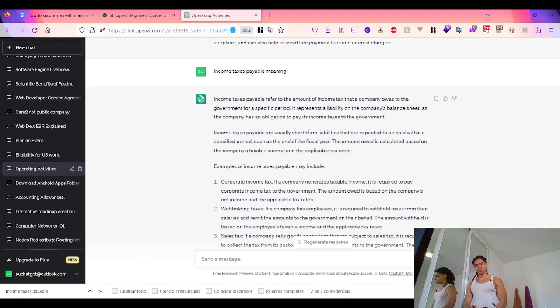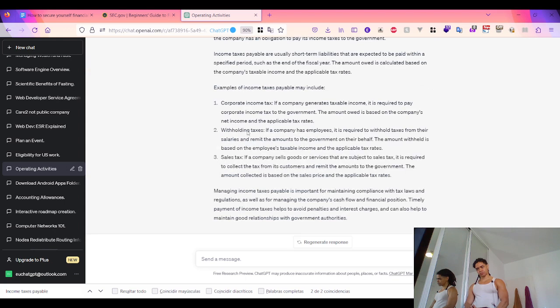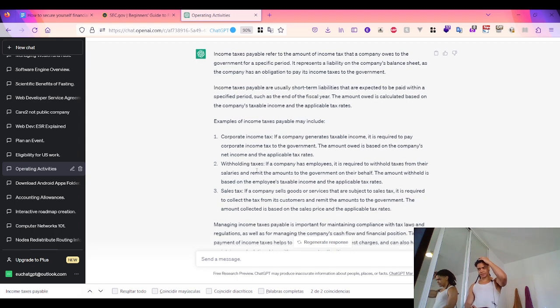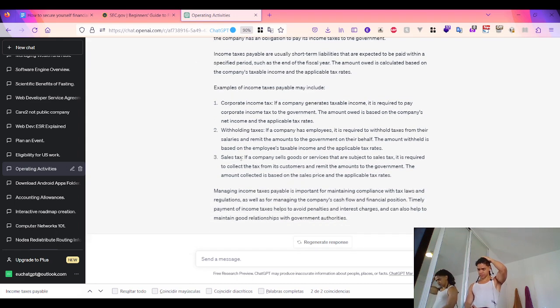And when they mean short term, usually in the finance sphere, it means a year or less. The amount owed is calculated based on the company's taxable income and the applicable tax rate. Examples of income taxes payable may include corporate income tax, withholding taxes, and sales taxes.